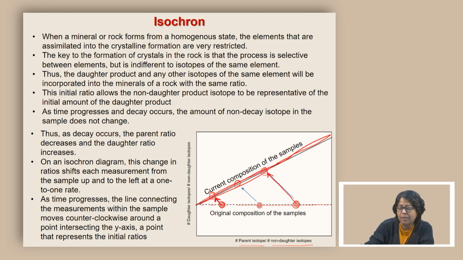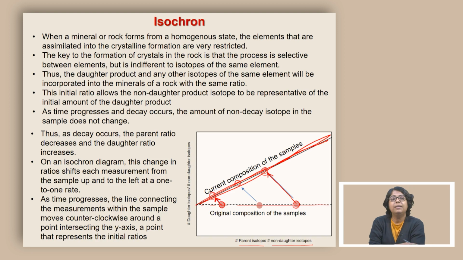On this line, because it's a straight line, the slope is the same, and that slope is going to tell us about the age, because the slope is basically e to the power lambda t minus 1. And if we solve for this, then it's going to tell us about the age.